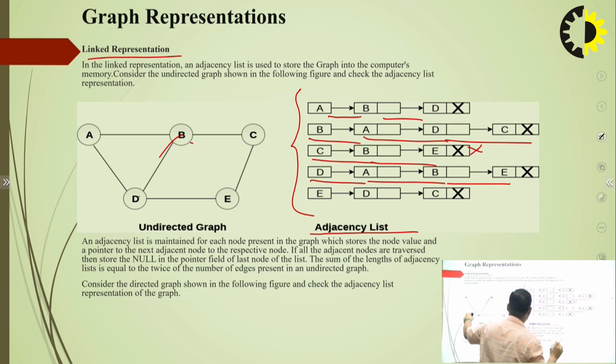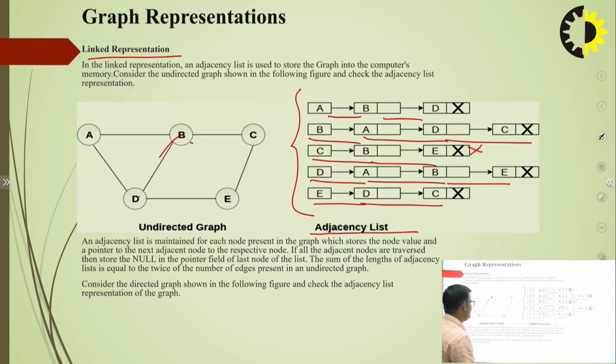Okay. Then E to D connected, and D to C there is no connection at all.